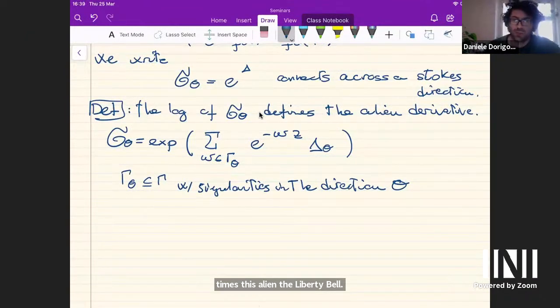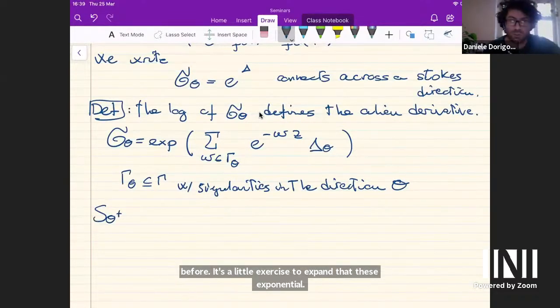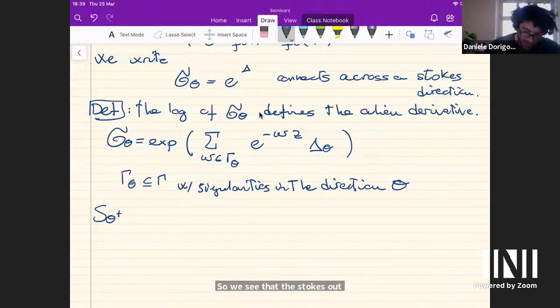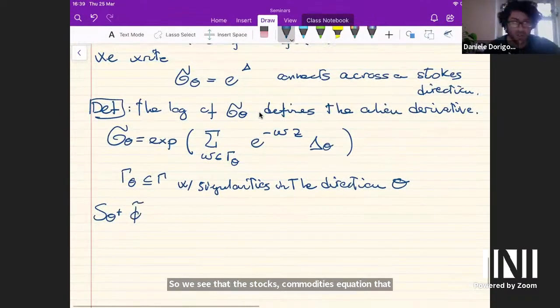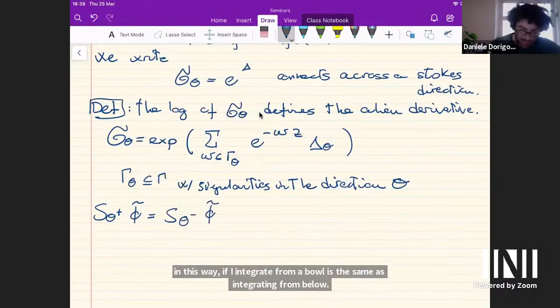From the Stokes automorphism that we wrote before, it's a little exercise to expand this exponential. So we see that the Stokes automorphism equation that I wrote before can be rewritten in terms of its log in this way. Integrating from above is the same as integrating from below, plus a bunch of other stuff.